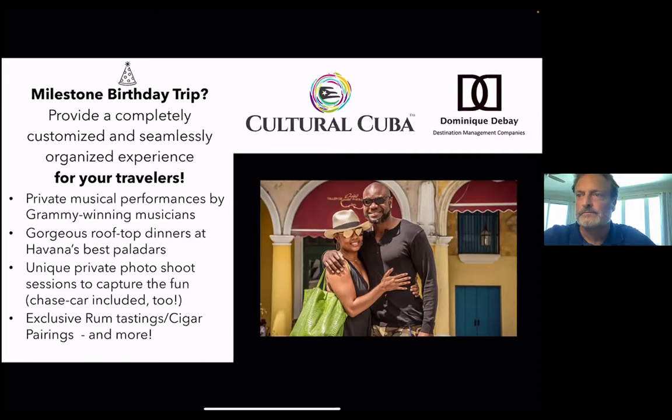We have photographers and videographers following the group every single day throughout the trip, and then present the attendees an incredibly edited, specially made video and photos from the event. Exclusive rum tasting, cigar tours, beach trips. I can go on and on about the things that we include and pack in these, depending on the desire of the clients during these festivities.